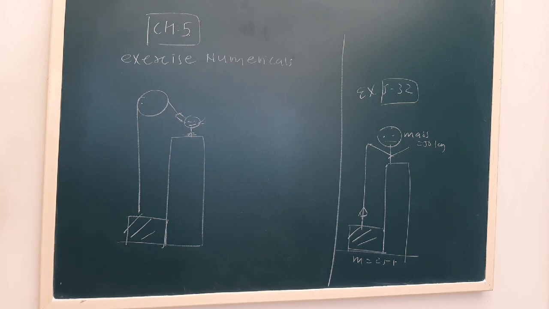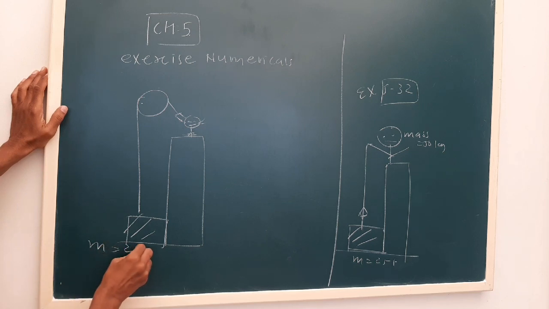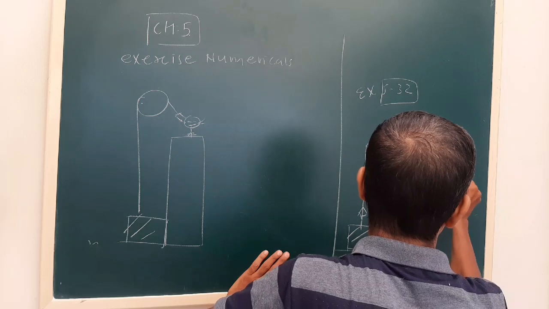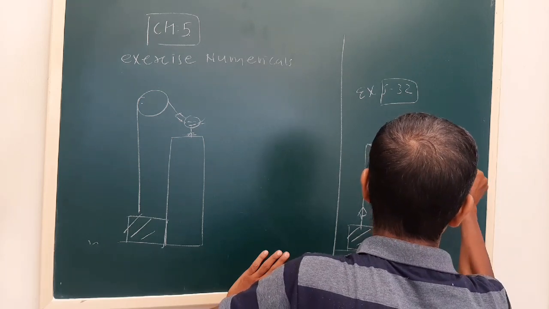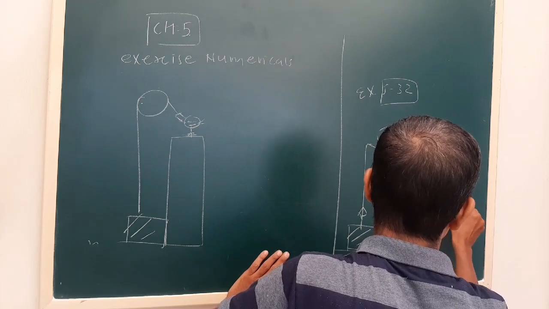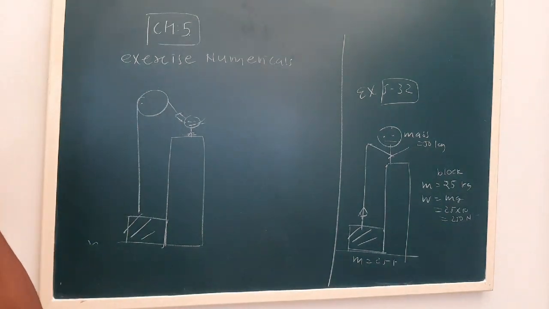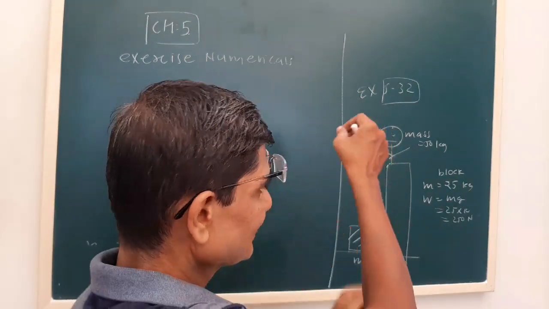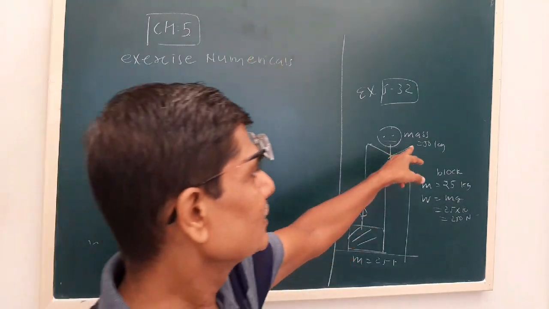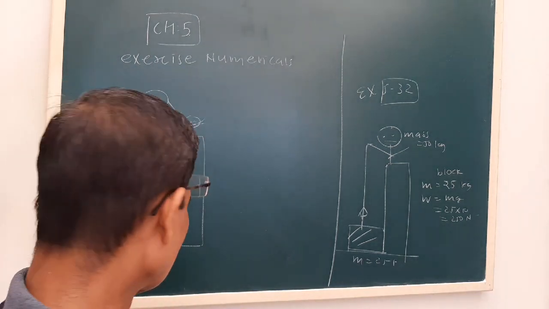Now in the first case, the mass of the block is 25 kg. Weight is mg. When the person tries to take the block upward, we have to consider the weight of the person itself into account.